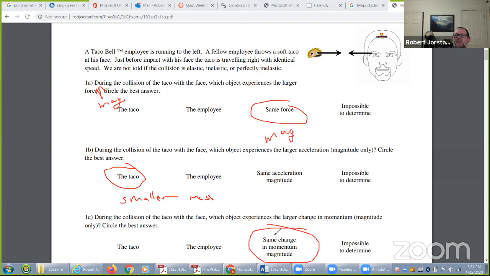And what's so counterintuitive about this is that they have the same force, the same change in momentum, but because one of them has a much larger mass, we don't notice it. Big objects don't have a noticeable change. So it slams into his face and stops, but in reality, what's happening is his face slows down a little bit too. Tiny, tiny bit.